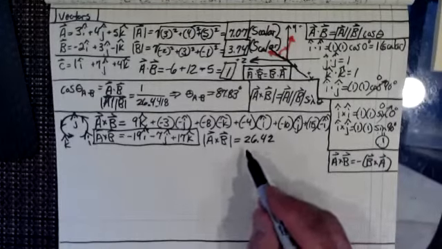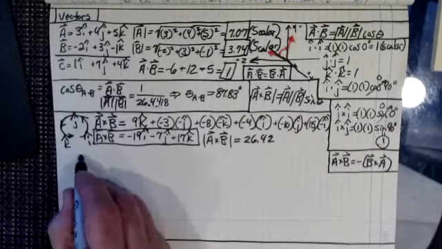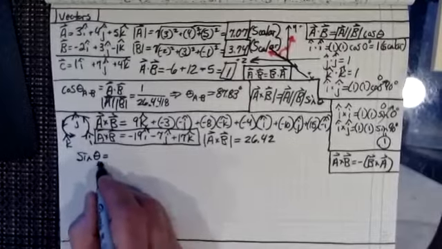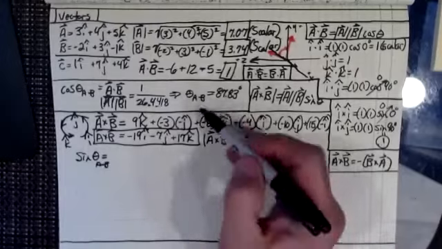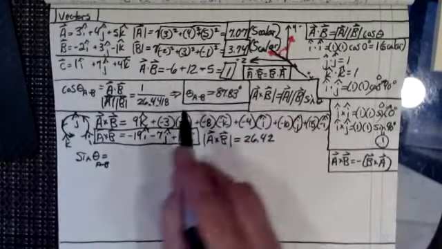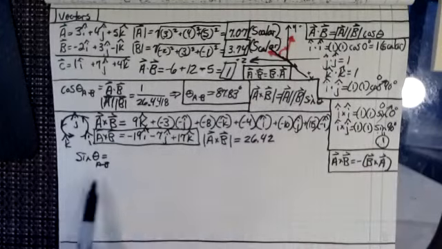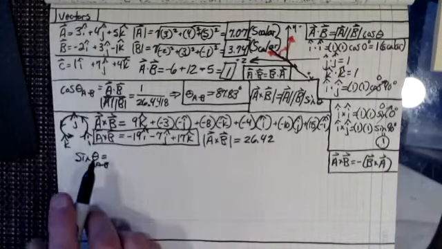Okay, so now we go back to this definition and we say, well, the sine of theta, right? And let's hope, for our sake, that both of these come out to be the same. If you remember the last time we solved for that using the definition of the dot product, not the definition of the cross product, we ended up getting 87.83. So what would we get here? Because this is going to be the sine.